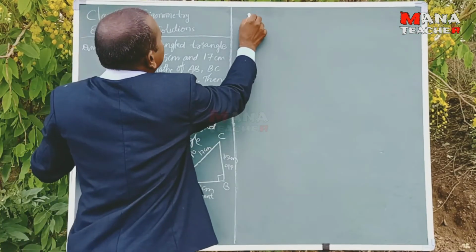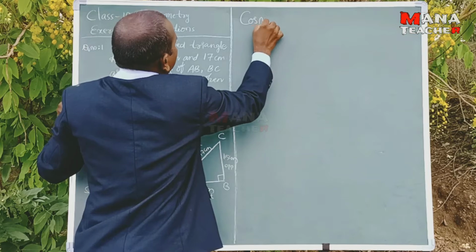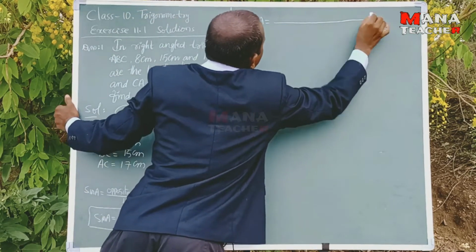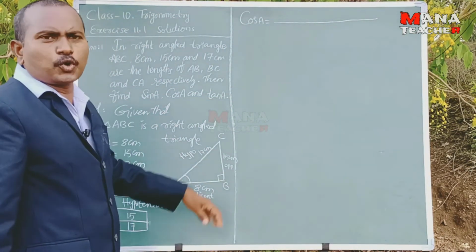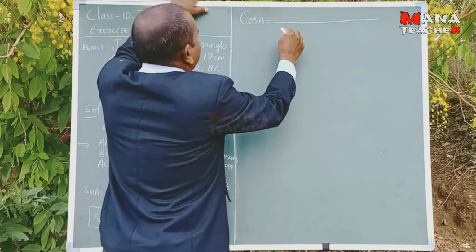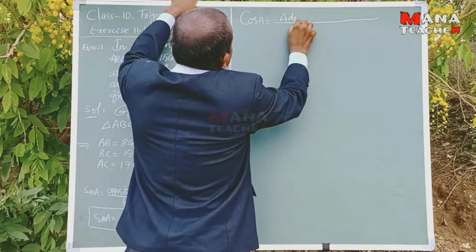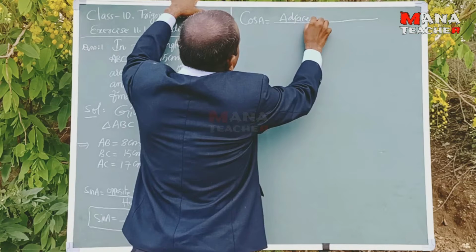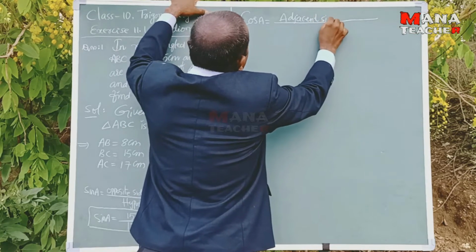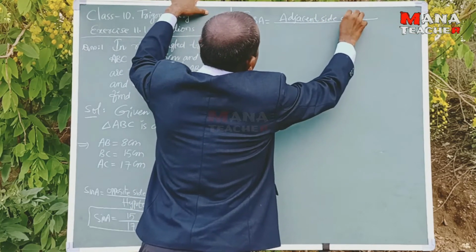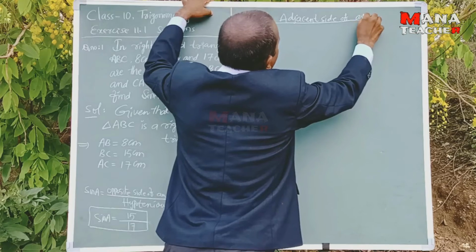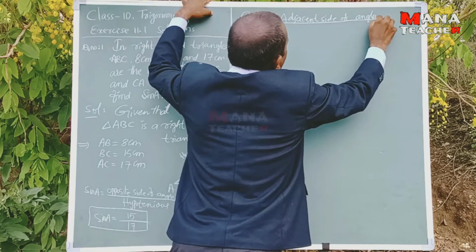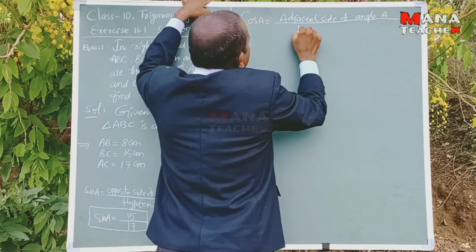Now cos A equals adjacent side of angle A by hypotenuse.